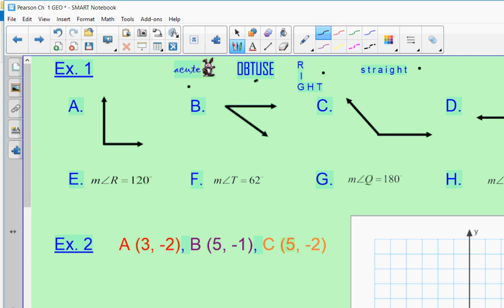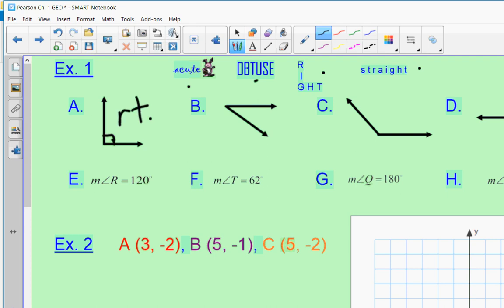Now remember, all these other terms come off of what a right angle is. So this one, A, it looks like it's right. Typically, if we know that it's right, there's a little box there. I guess they didn't want us to make a really good guess at this, and I don't like guessing in math. Math is pretty black and white. There's no gray area. But I'm going to assume that that one's right. So I'm going to call this one right.